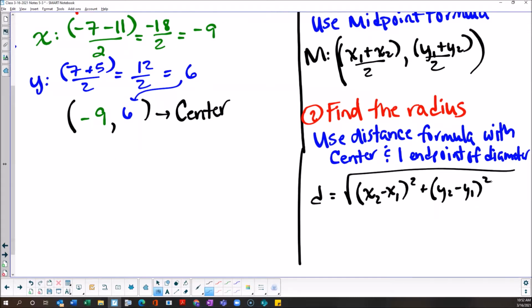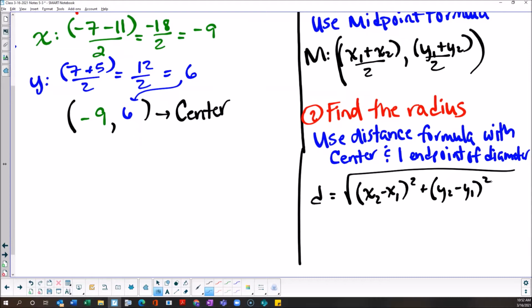It looks complicated, but really all it is, remember, is the Pythagorean theorem. Instead of thinking about which points are x1, x2, just think about the difference between the two x values and the difference between the two y values.